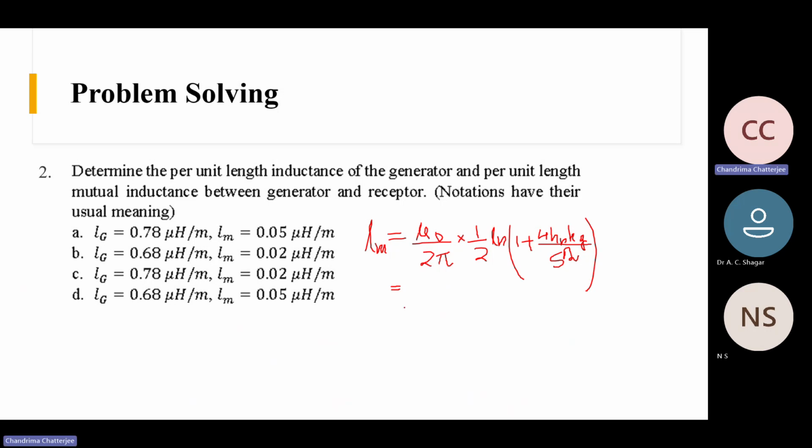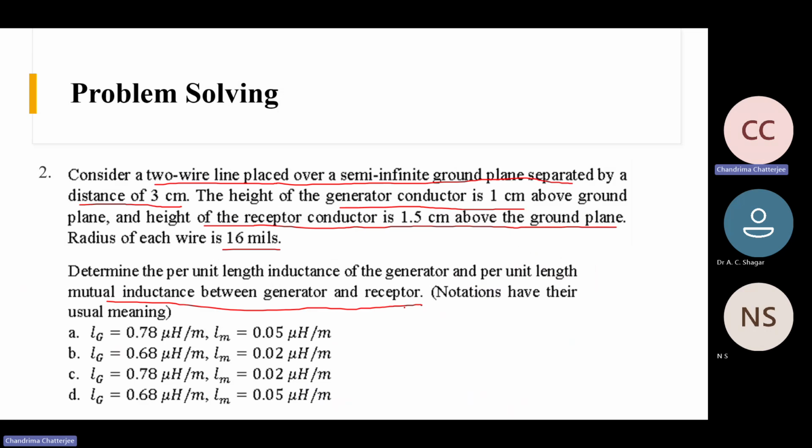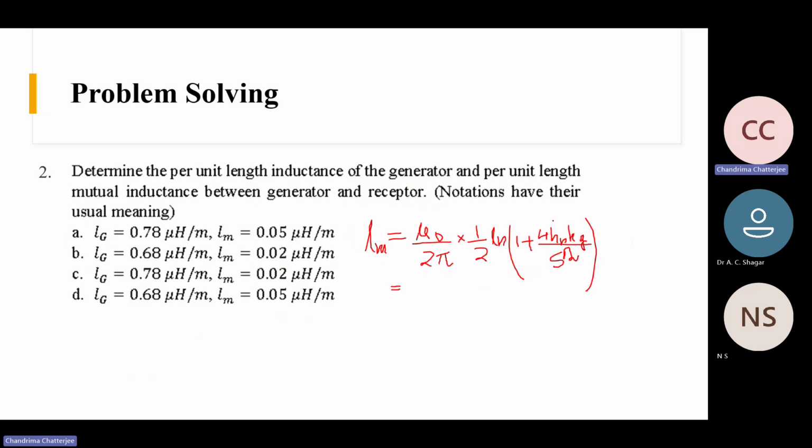It is given. So generator conductor is 1 centimeter above the ground, and receptor conductor is 1.5 centimeter above the ground. So this is 1.5, this is 1, ACE is 3 centimeter. Okay. Just put the values and you will get LM is equal to 0.051 microhenry per meter.